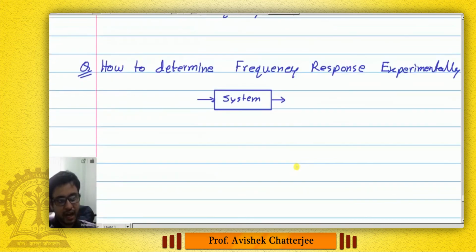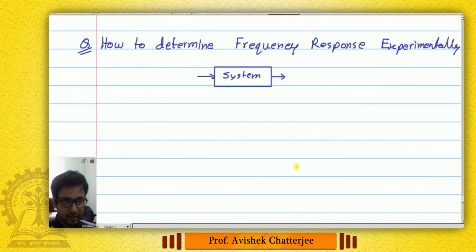Now let us ask this question: how can we determine the frequency response graphs of an unknown system experimentally? Suppose we have a system, a black box with an input and output, but we do not know the mathematical relation between the input and output.